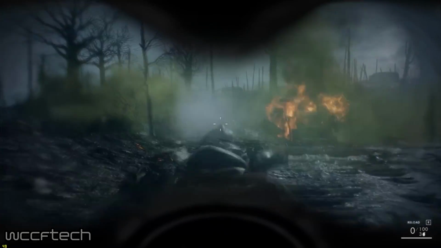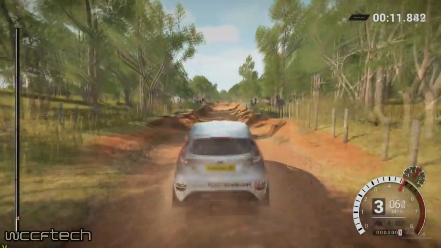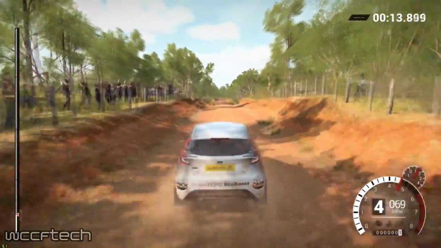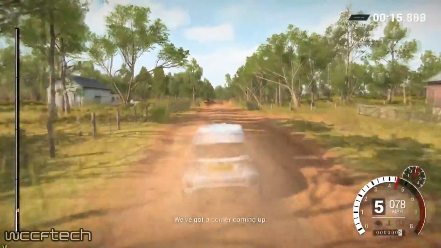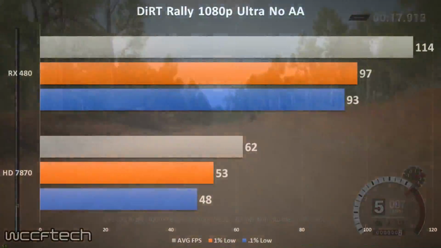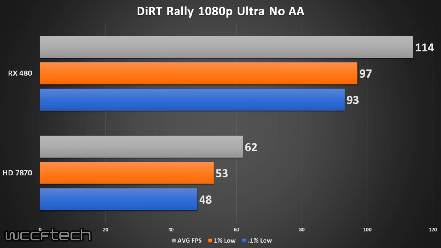Moving into Dirt Rally, we see again the 7870 pulling back around to the 60 FPS mark, but the RX 480 roughly doubling it once again, and roughly doubling on the 1% lows and the 0.1% lows. So that's good to see there. See quite substantial gains there.